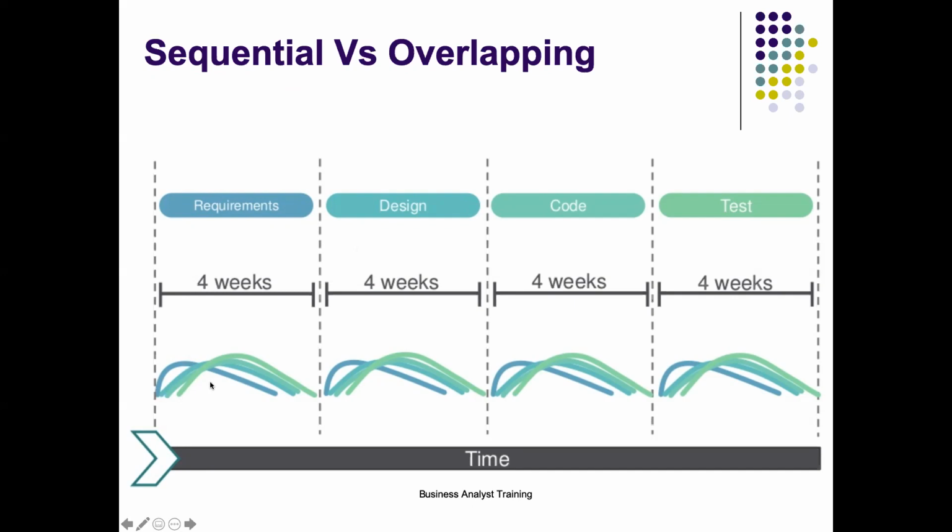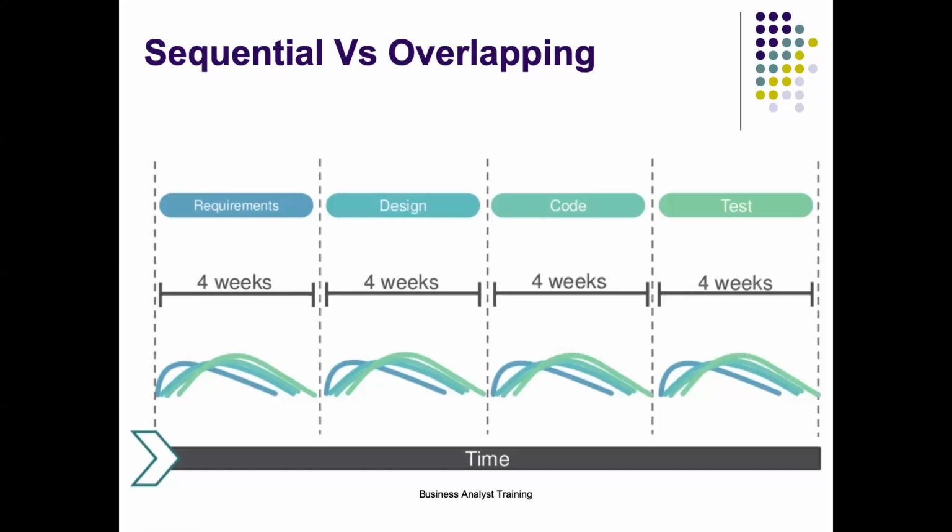So in Scrum, we divide the whole work into small chunks such that a small portion of that work can be done end to end in 4 weeks. This includes requirements, design, code, test, everything done in 4 weeks. It doesn't mean it will take more or less time, but it gives more flexibility.